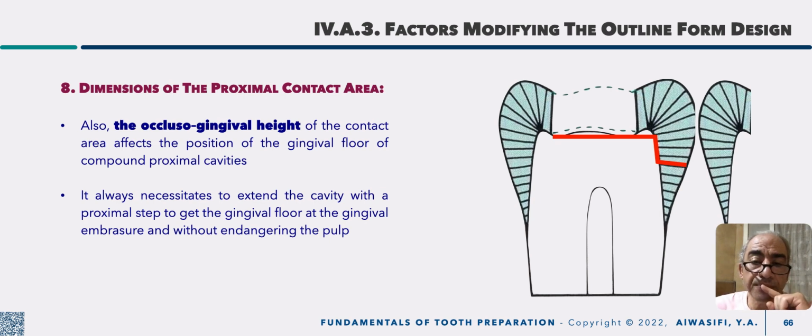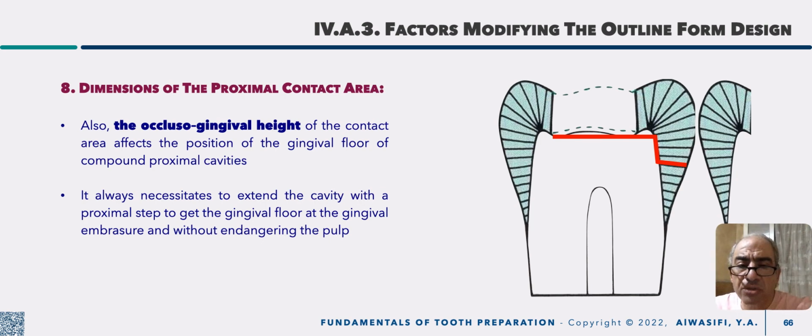The aim of cutting a compound cavity with a step, the aim of this step to level the cavity at two levels, is to involve the carious lesion or the contact area or any stagnation area beyond the level of the pulpal floor without endangering the pulp.